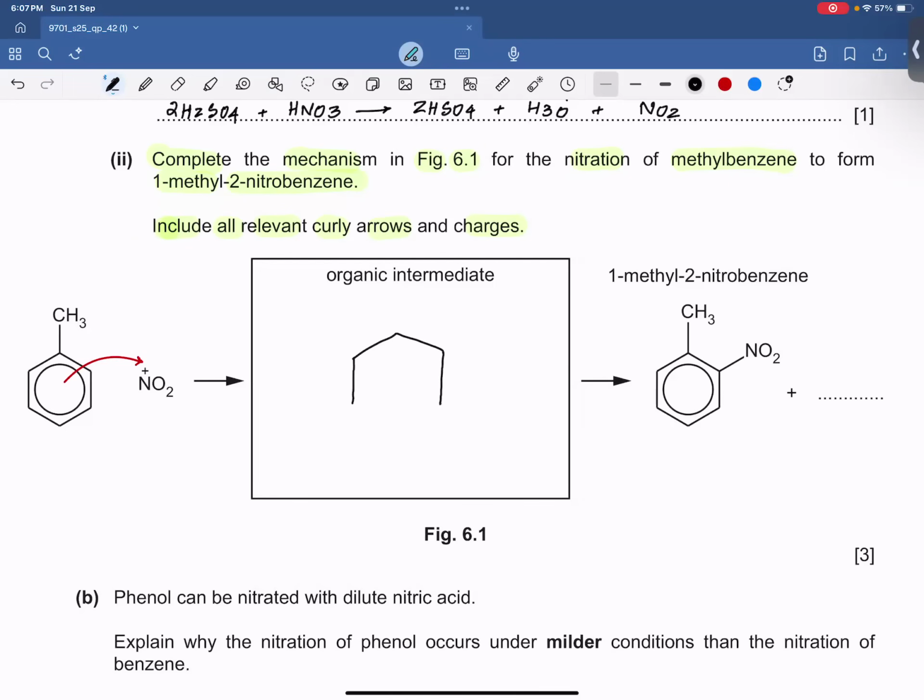Let me write the organic intermediate. Since examiner attached NO2 with this carbon atom, so this CH3 group will remain as it is. I need to show hydrogen, and I need to attach nitronium ion with this carbon. Now this electrophile is attached to this carbon, which means apart from this carbon, I need to show pi complex like this.